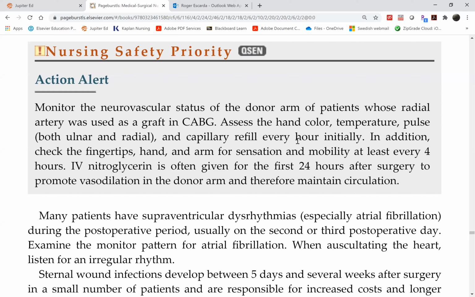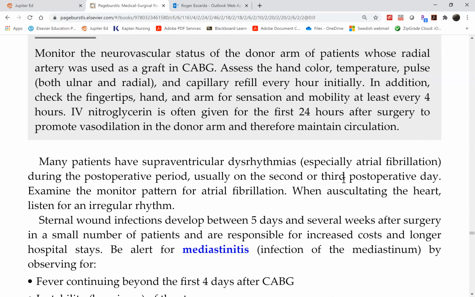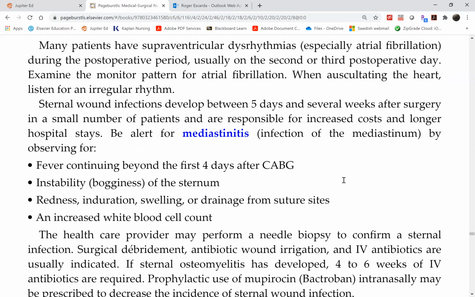It may not involve only one leg, because it depends on what the status of the vein that they got is. If it's not good, then they'll do the other leg as well. So you may have several incisions. So 1, 2, 3 or more incisions will be seen on the leg. Okay, regardless, you monitor those for circulation.